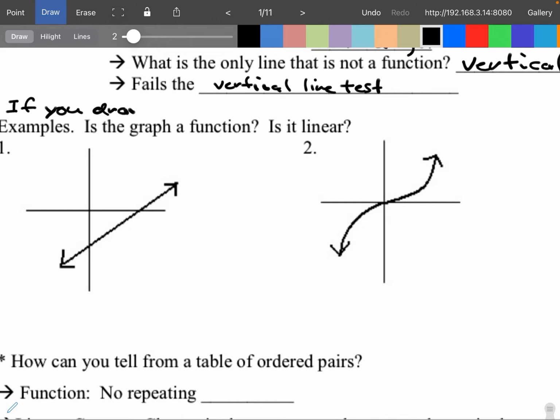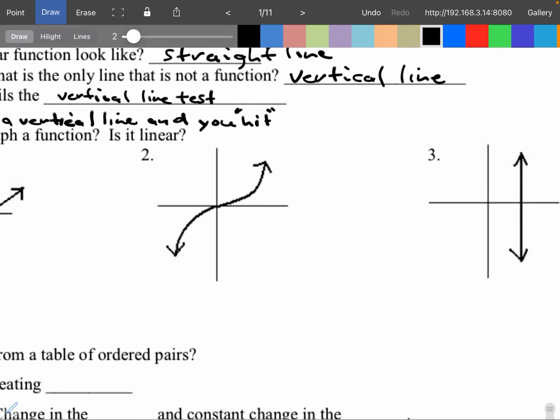I guess I could write out a definition of what the vertical line test is below that for you guys. I don't even think that's in your book. What you want to write is, if you draw a vertical line anywhere on the graph and you hit more than one point, then it's not a function.